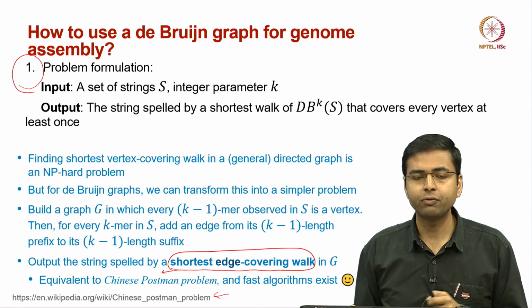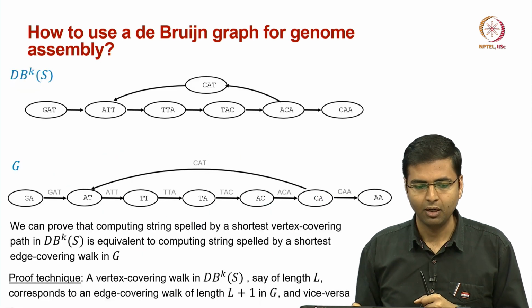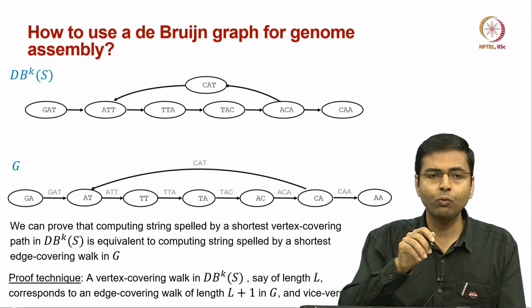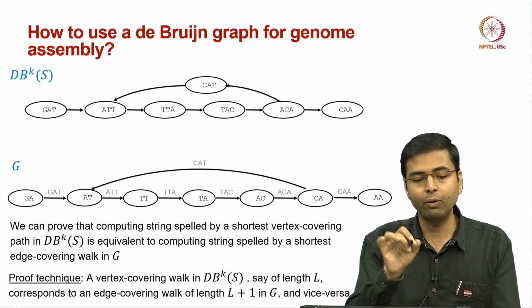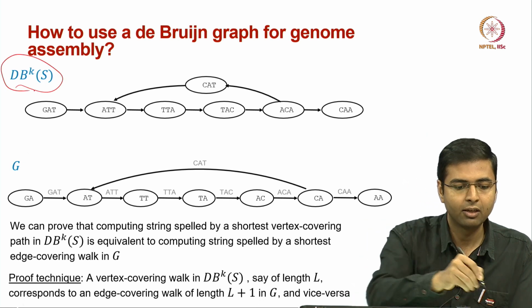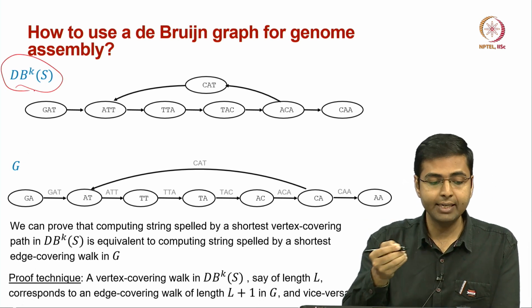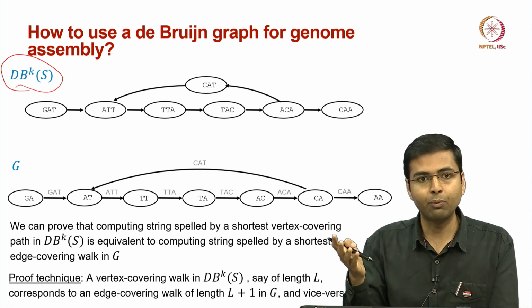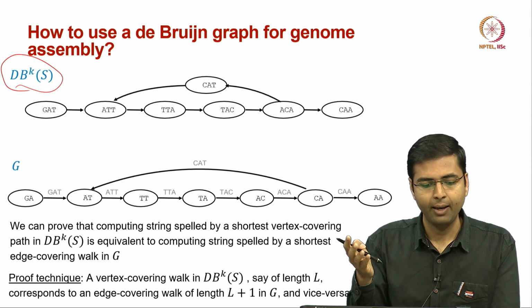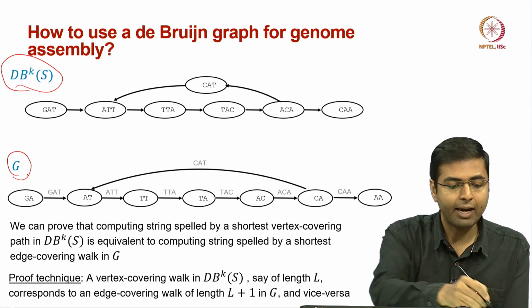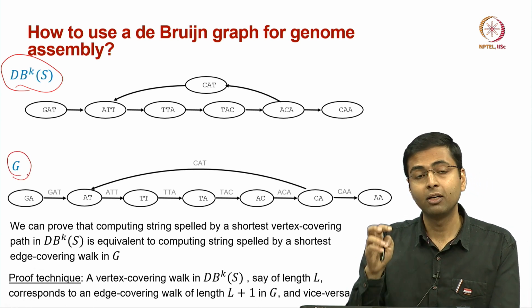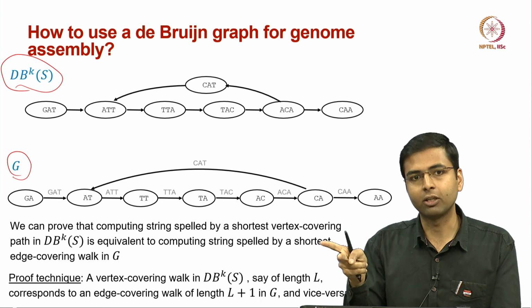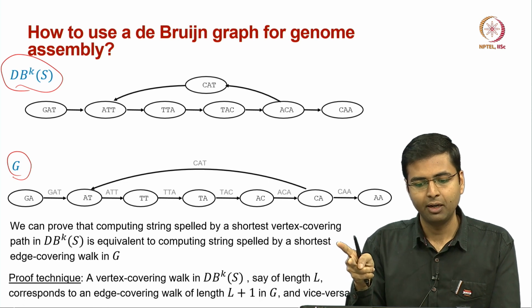How do we prove correctness of this argument? Well, observe that we wanted to find a shortest vertex covering walk in the original de Bruijn graph, and what we are saying is that we will build another graph G using k minus 1 mers as vertices, and in this revised graph G we are going for shortest edge covering walks.